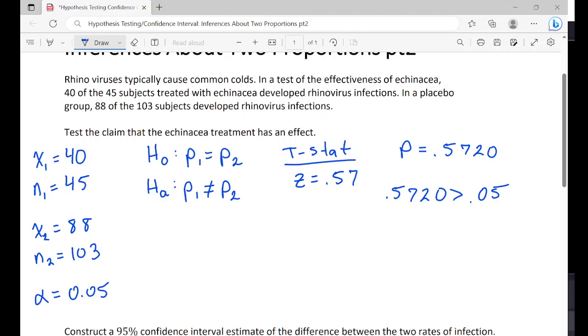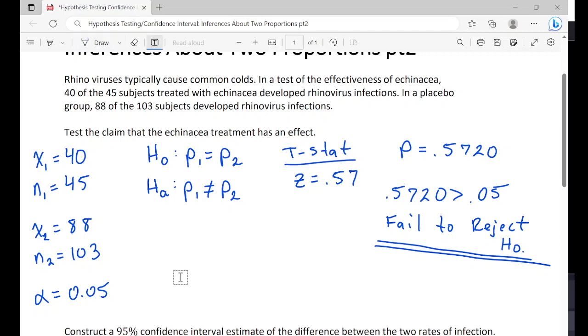Since the p is high, we fail to reject the null hypothesis. Now, we have failed to reject it, but we still need to actually state in a sentence what we mean by that. So I'm just going to type in what I mean. Because we failed to reject, that means we have insufficient evidence.